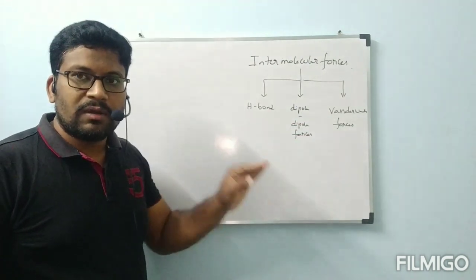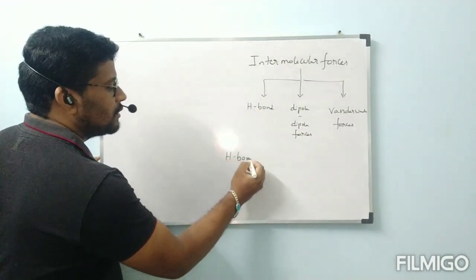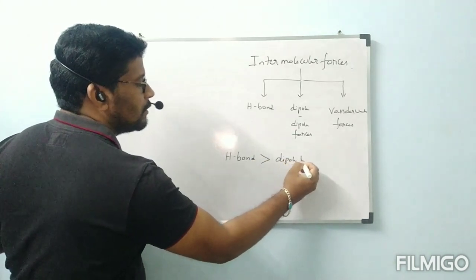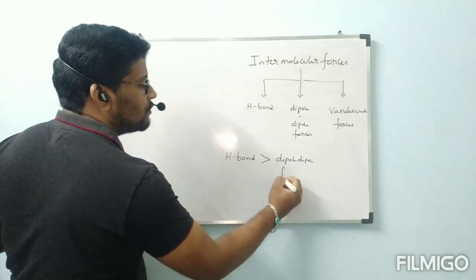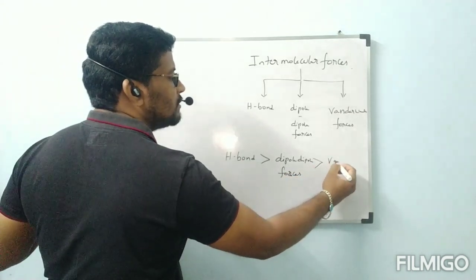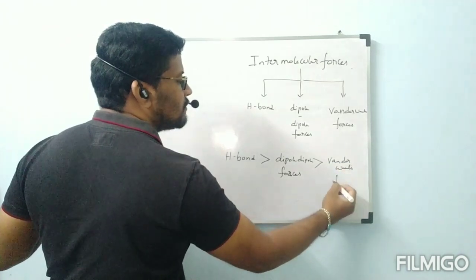Now, which one is strongest among these? Hydrogen bond is stronger than dipole-dipole forces, which are stronger than van der Waals forces.